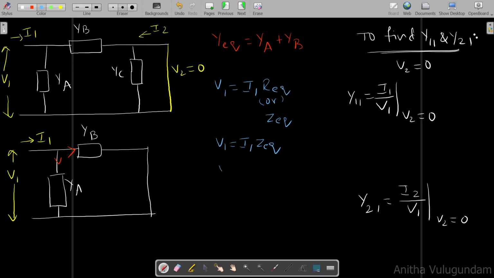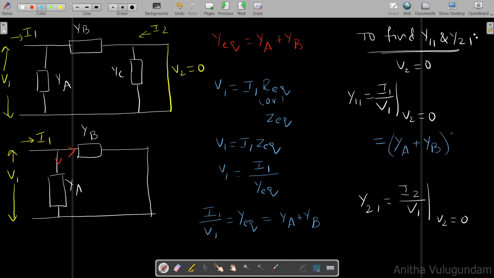So Z equivalent can be written as 1 by Y equivalent. So I1 by V1 equal to Y equivalent, which is equal to YA plus YB. Y11 equal to I1 by V1 when V2 equal to 0. So Y11 equal to YA plus YB mho. Units of admittance is mho.